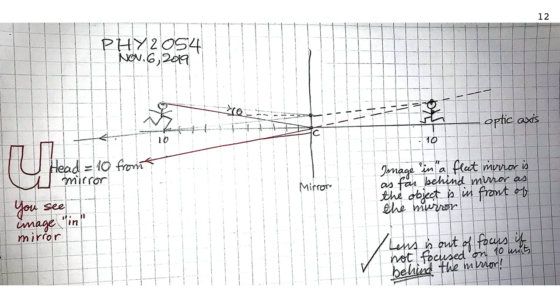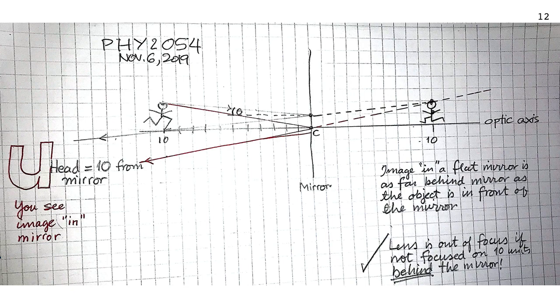So everything's flip-flopped. Now this is for a flat mirror. And this distance here is 10 blocks, and out here 10 blocks out. And so the moral of the story is the following.